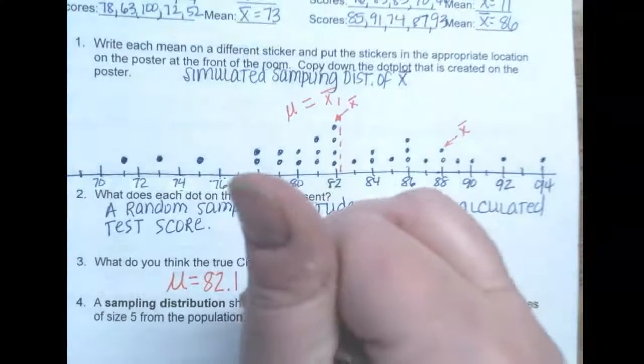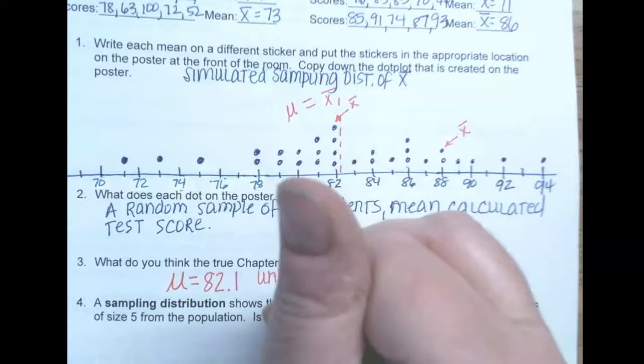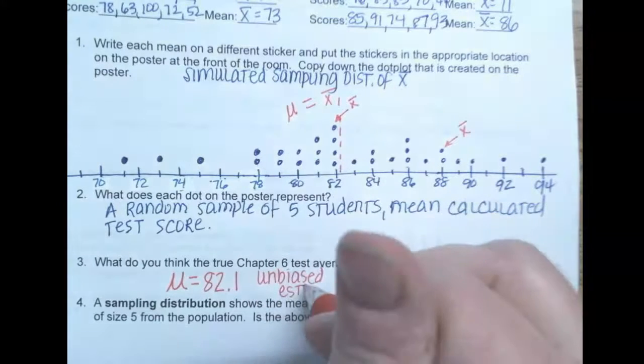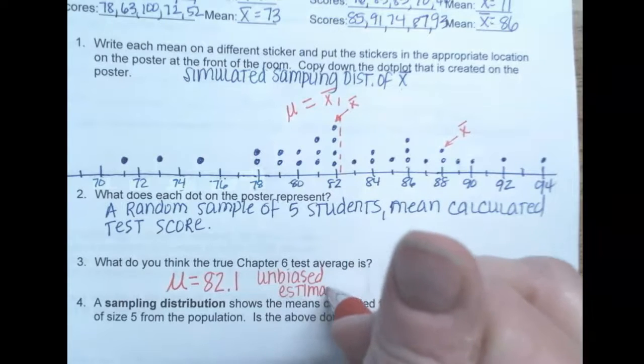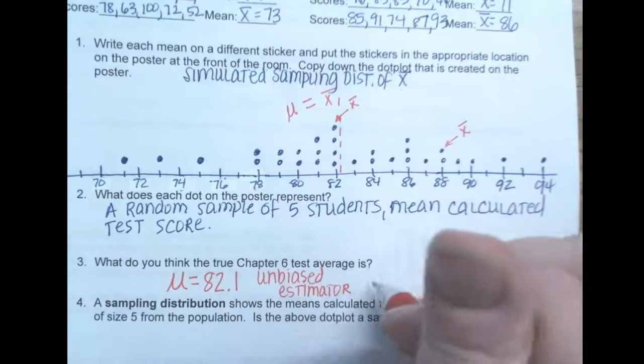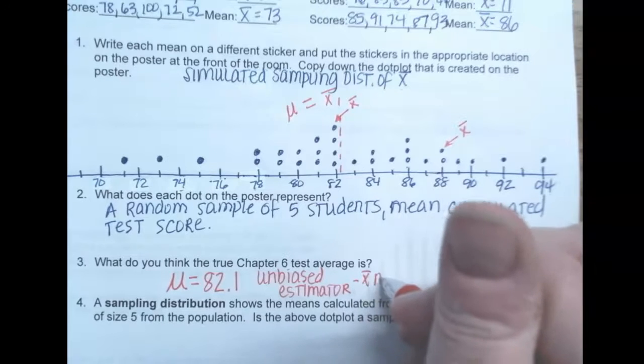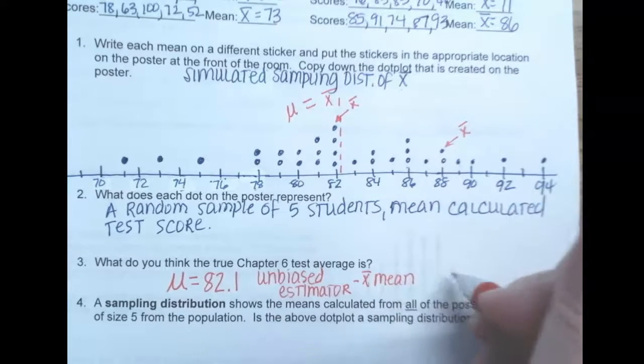Because remember, if you have an unbiased estimator, which hopefully we had because we used our random number generator, the mean of the sampling distribution equals your parameter.